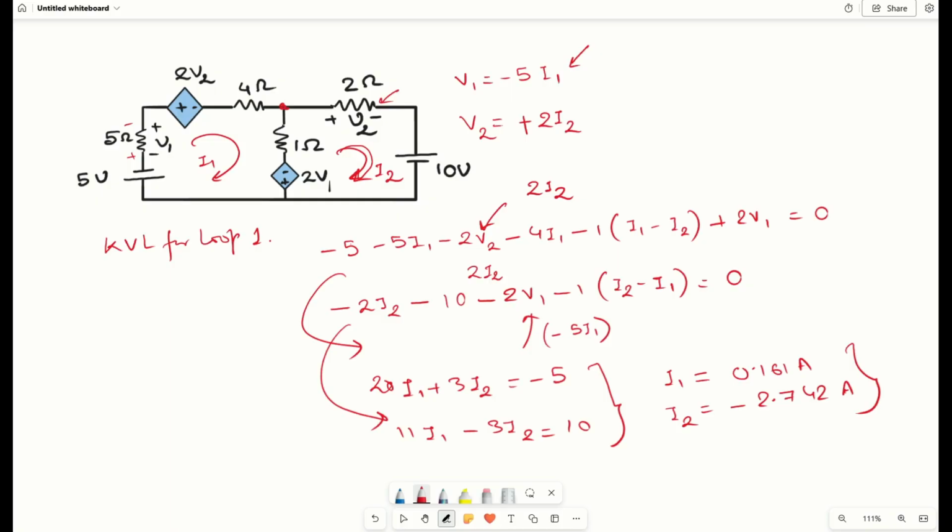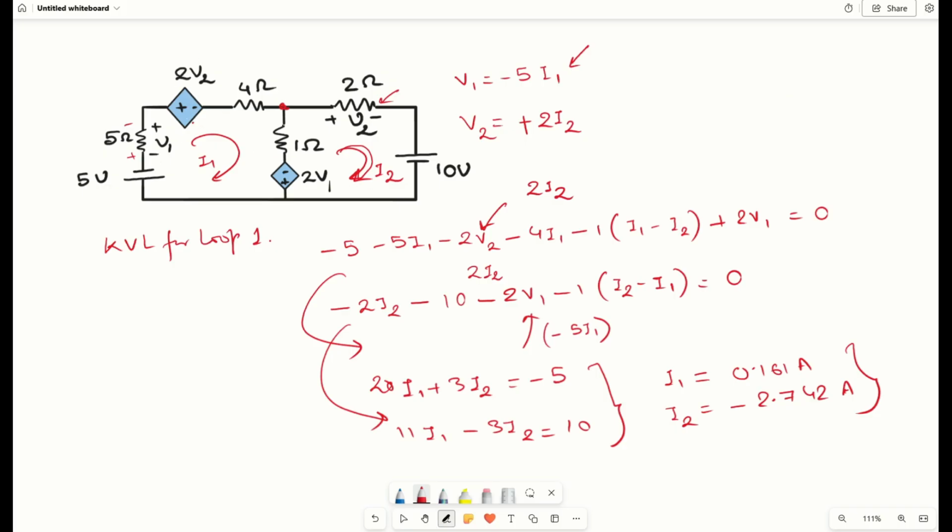The main idea behind dependent sources is that whenever we write the equation, we have to consider the sources as they are, like normal sources, but the value will be whatever is given across the source.